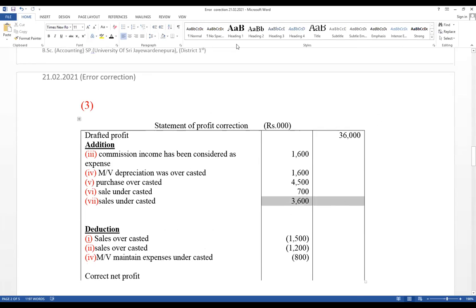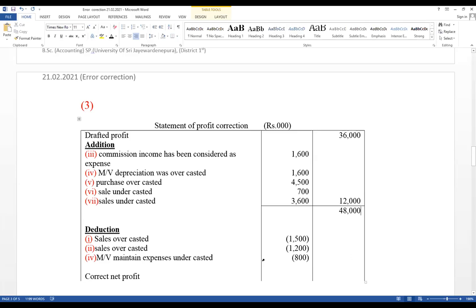Take the total addition. Here the total amounts: 1600 plus 1600, then 1000 plus 4500 plus 700 plus 3600. Therefore, the addition total amount equals 12,000. Then this one plus this one, the answer equals 48,000.